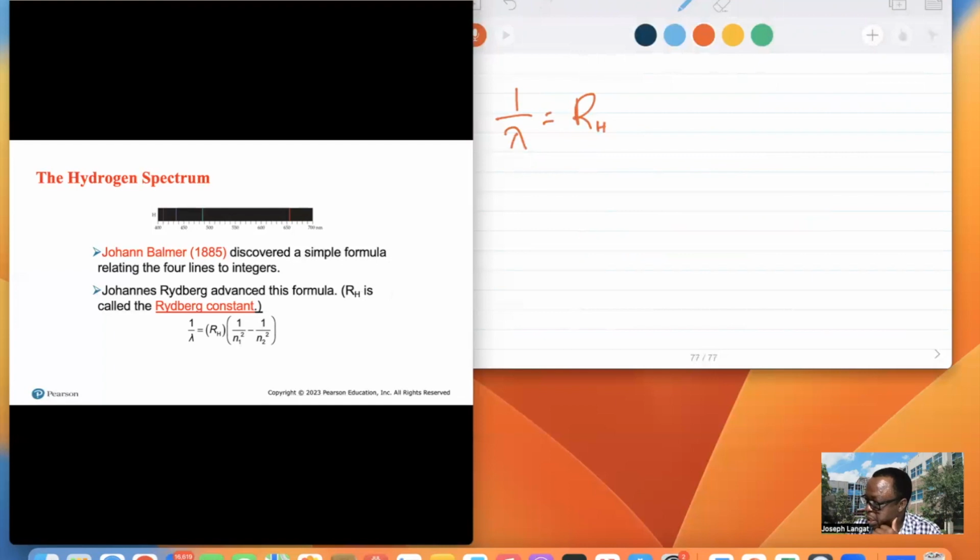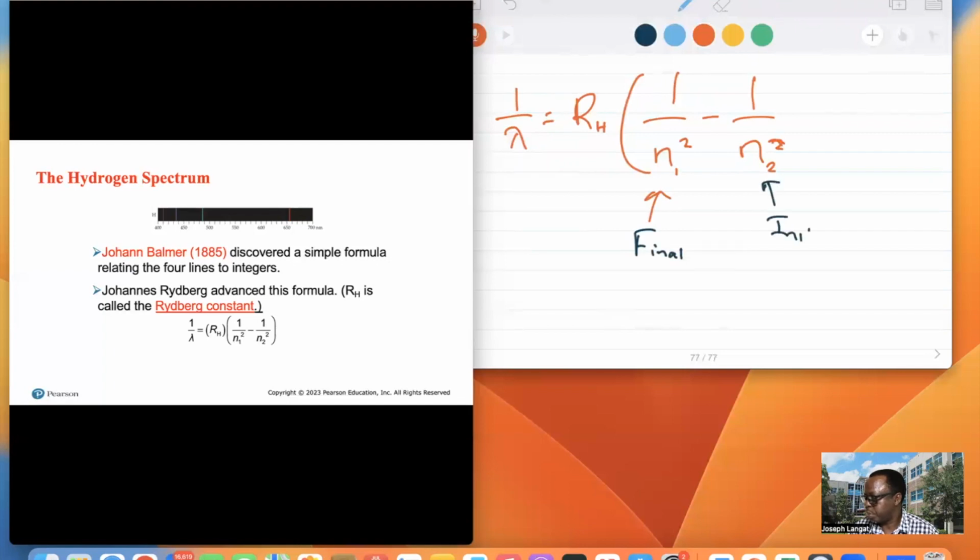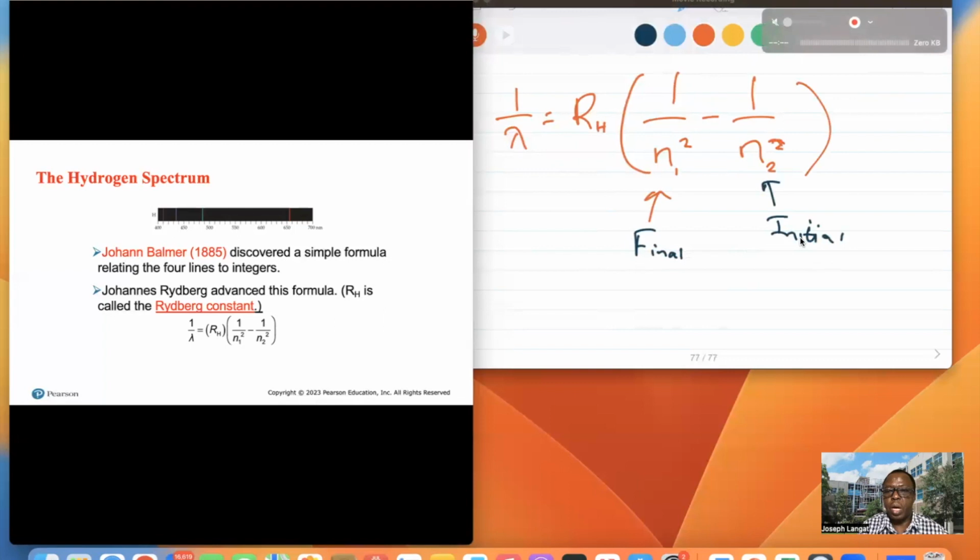And then here, 1 over n squared minus 1 over n squared, initial. Here is where the electron is dropping from and where it is dropping to, from a higher energy level to a lower energy level.